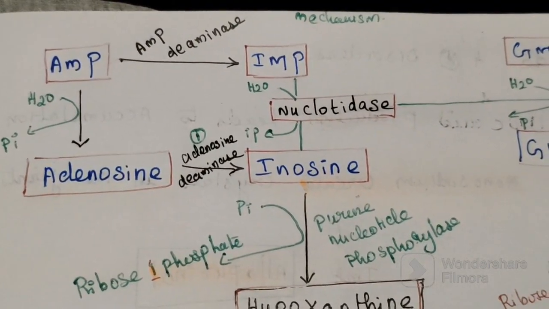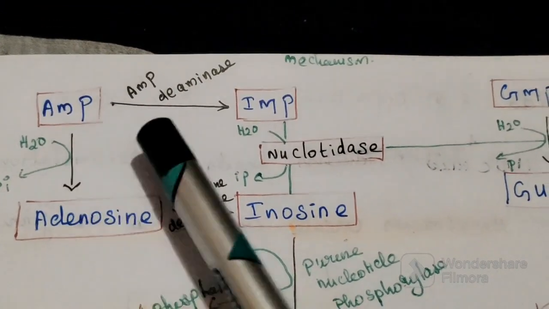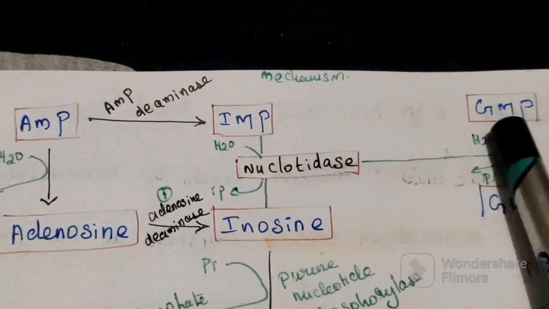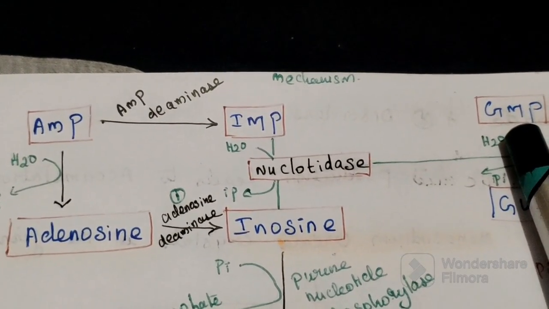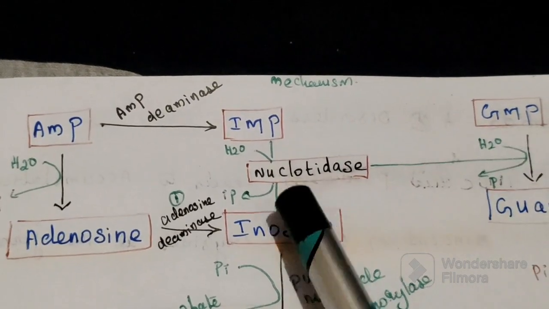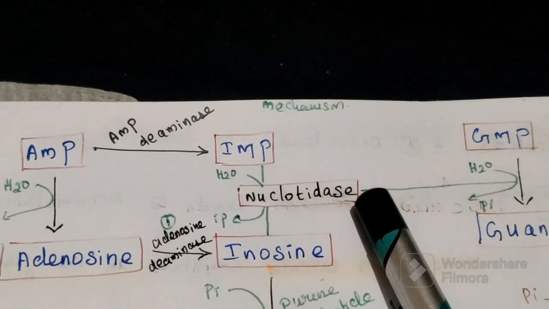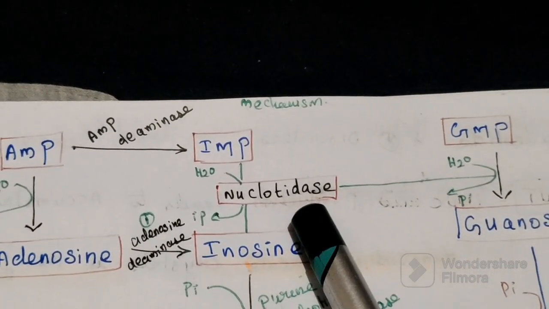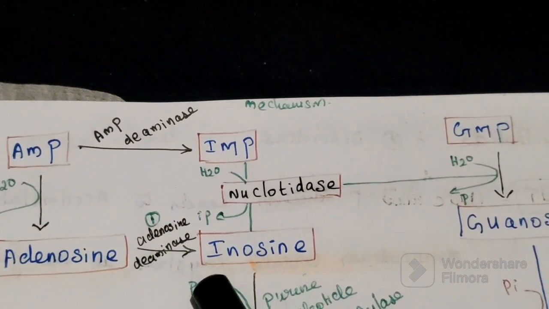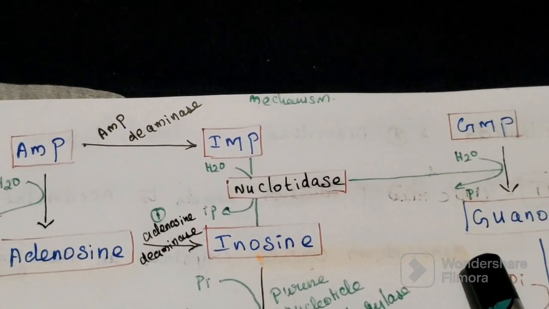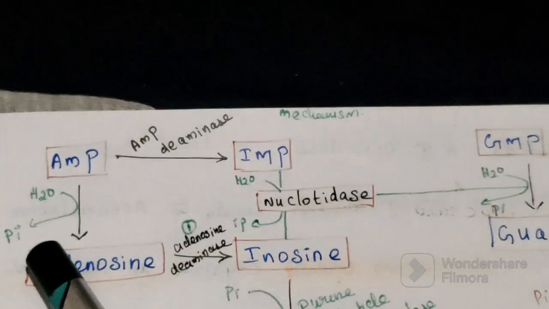In the metabolism, these nucleotides, adenosine monophosphate, inosine monophosphate and guanosine monophosphate, are acted upon by the enzyme nucleotidase, with release of inorganic phosphate.